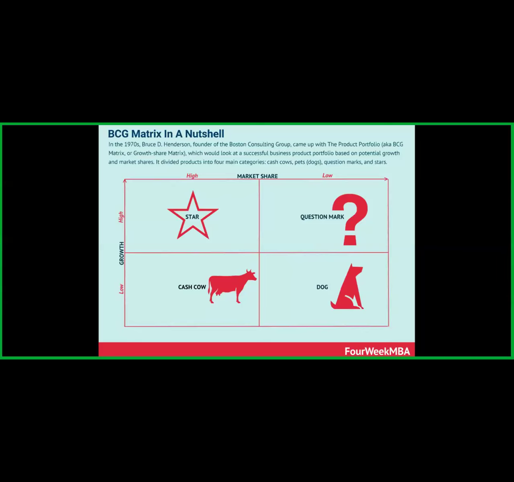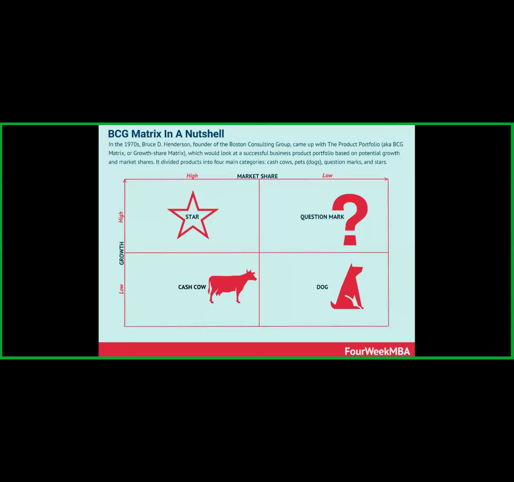Four quadrants you can see on the slide. The first quadrant, where on both the vertical and horizontal sides you can see star, and on both sides high is written. Then the other quadrant is question mark, where on the upper side of the slide low is written.